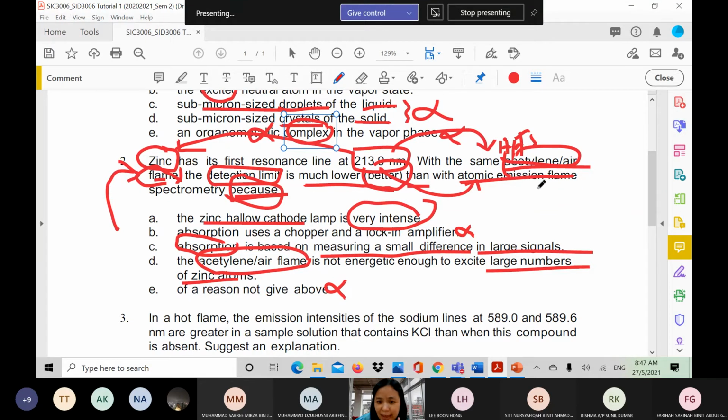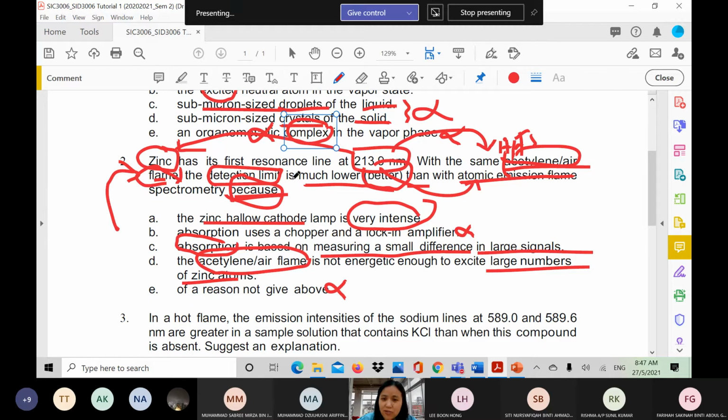Unless we use ICP-AES or ICP-OES, right? Which is energetic enough to excite all the elements that we want to detect. So for a low temperature flame, for AES the atomizer is the source, right? This might only be useful for group 1, the alkali metal elements in your periodic table.